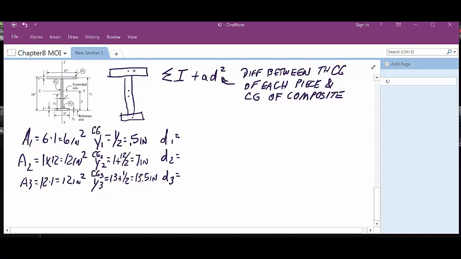Because that's the center of gravity. Okay. Well, we can't figure out what D1, D2, and D3 are yet, because we have to have the center of gravity for the total first. Because those D values are the difference between the center of gravity of each piece compared to the center of gravity of the composite, the whole thing. So we have to figure out what Y bar is.